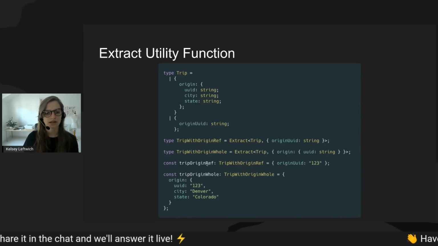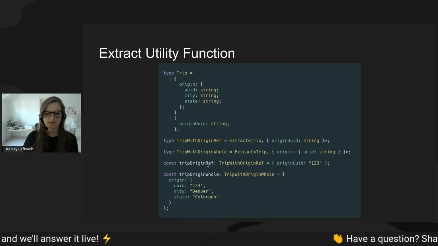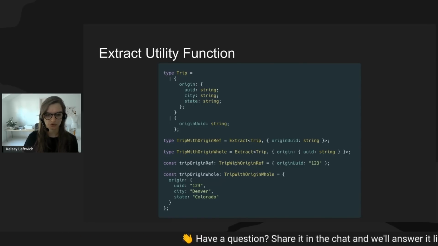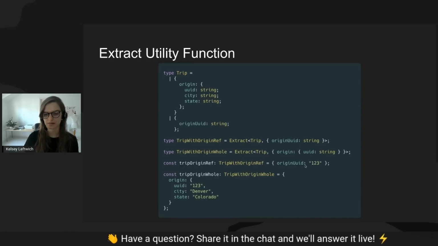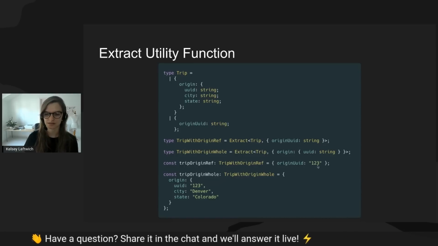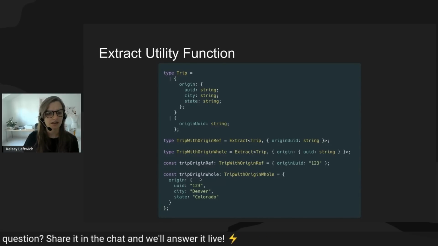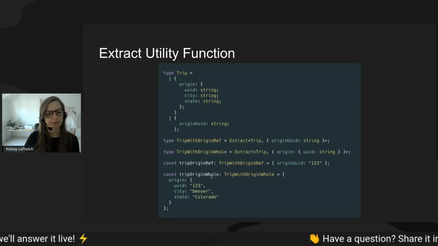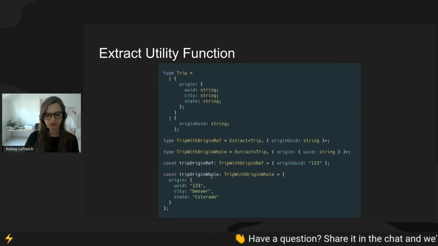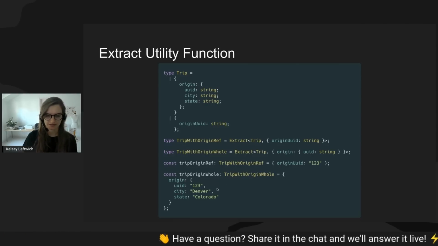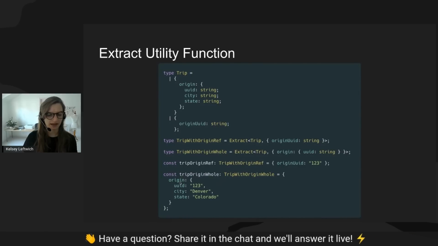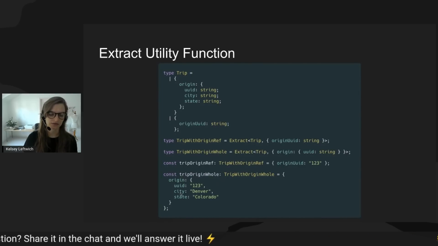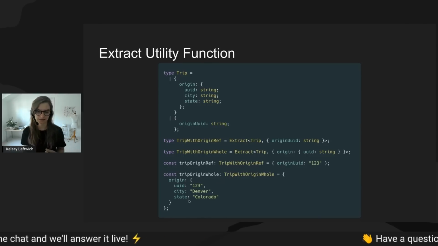So I define those two types, and then I've set two consts here. For tripOriginRef, I gave it that first type, and it accepts an object with an origin UUID that's a string. That would obviously be a lot longer; this is a placeholder. Then tripOriginWhole uses that same type, and now I just pass in an origin, and it has its UUID, its city, and its state.